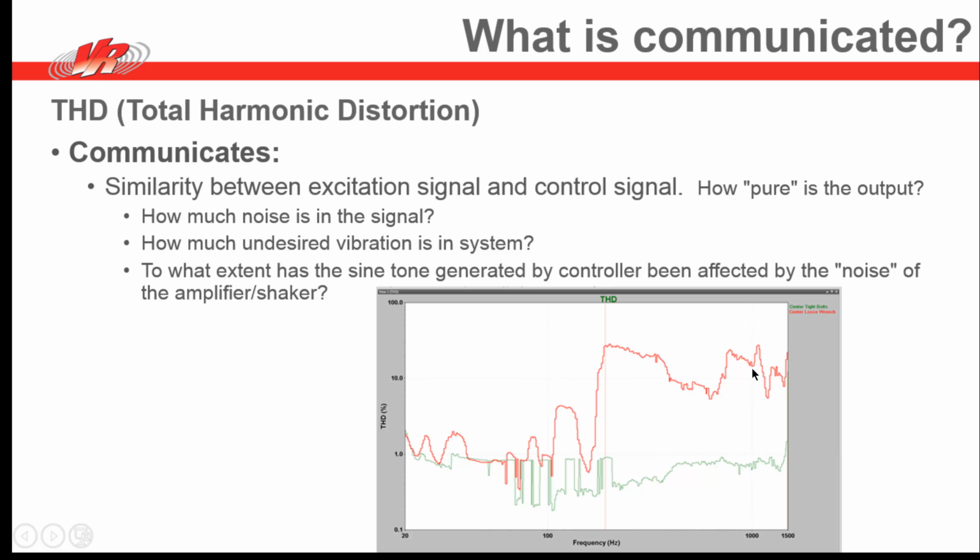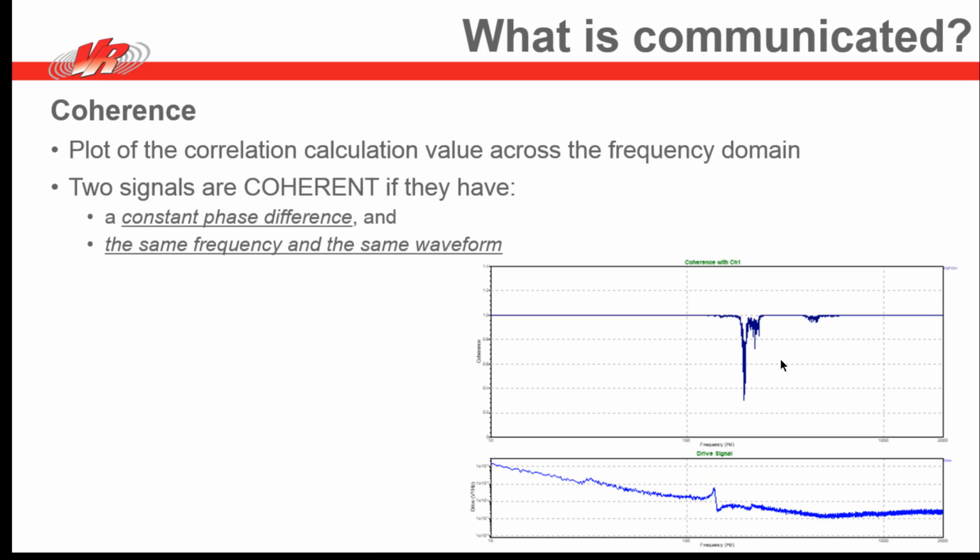So there was a very high total harmonic distortion at these other frequencies, indicating something's not quite right with your system. Total harmonic distortion is another important tool in the analyzer package.